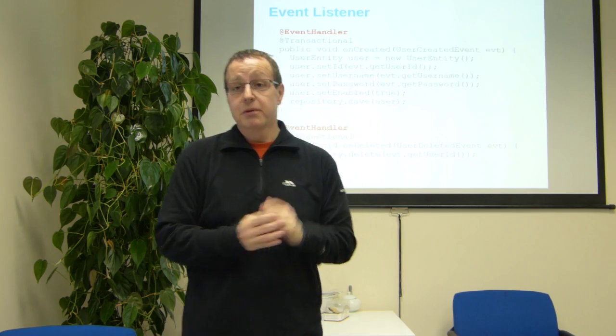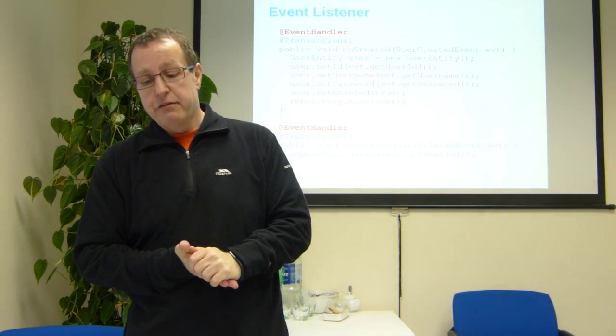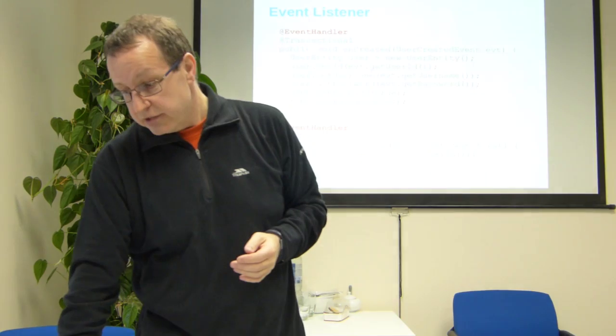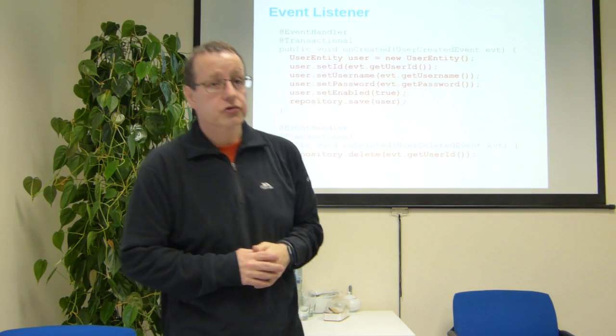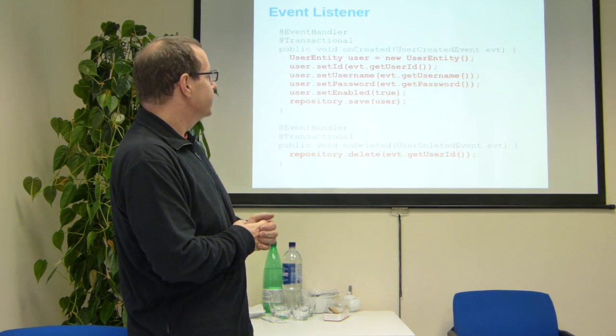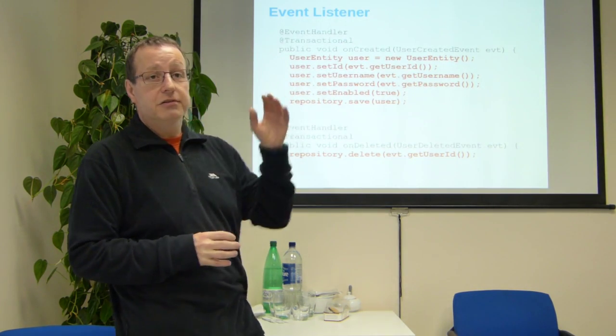So how do you actually do this? All you do is you create an object, probably a Spring component again, and annotate it as event handler, and take the event type that you're interested in. And that's it really. Then you can just do whatever you want. So here I'm just using JPA to create a copy of my user entity and store it in a specific JPA database for my users.